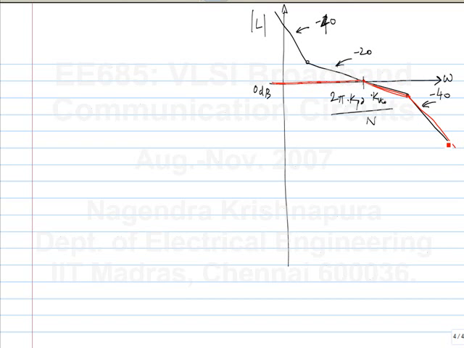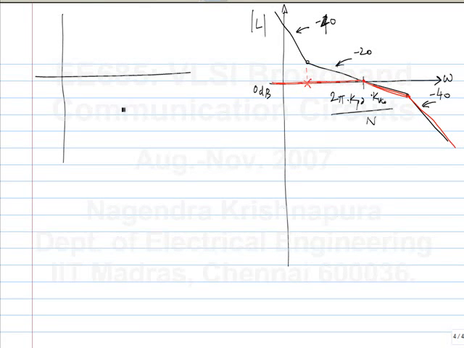Okay. So what happens here? In the loop gain there is a 0. In L over 1 plus L there is nothing. Let me perhaps rephrase it.